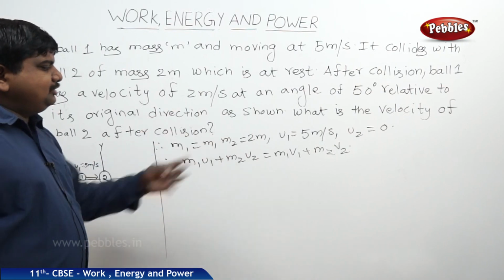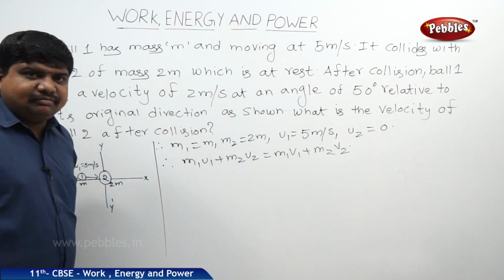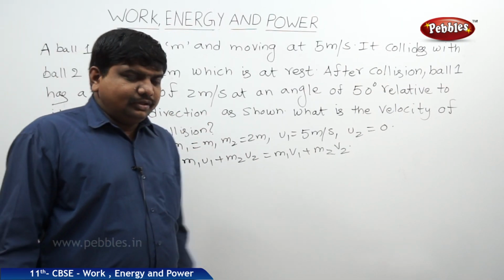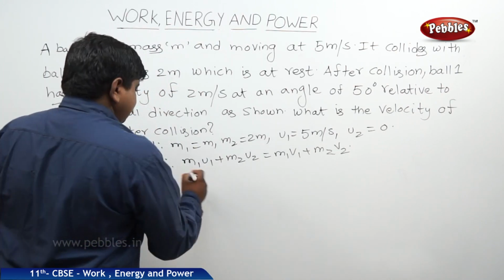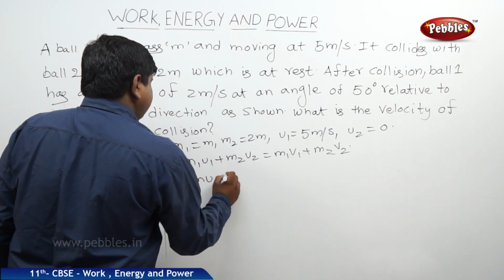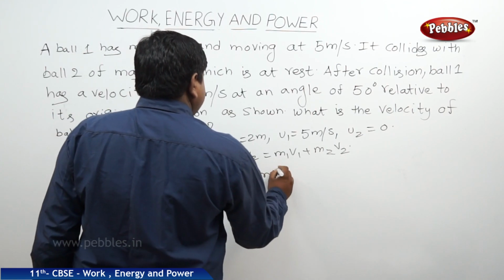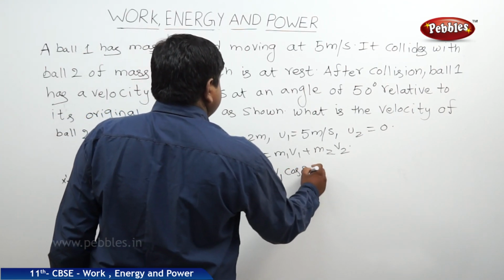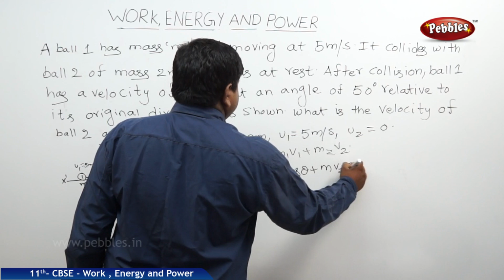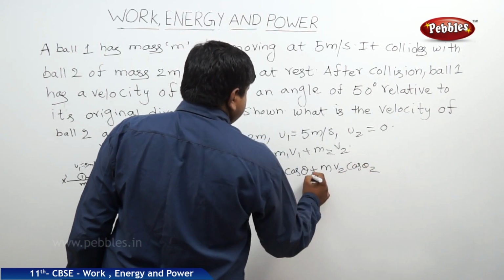Along with the angle, we should find out m1 v1 cos theta 1 plus m2 v2. So, we can write m u1 plus 0 is equal to m v1 cos theta 1 plus m v2 cos theta 2.